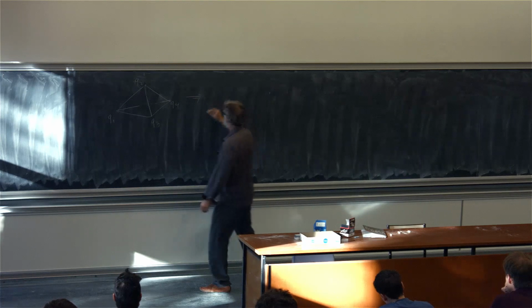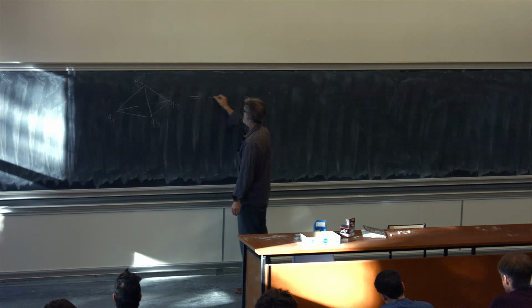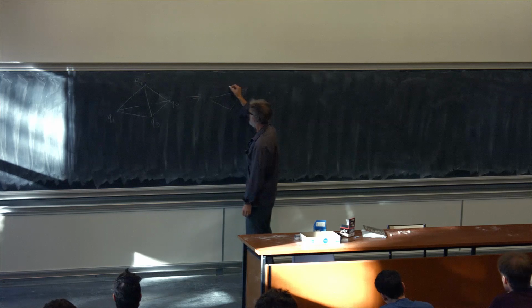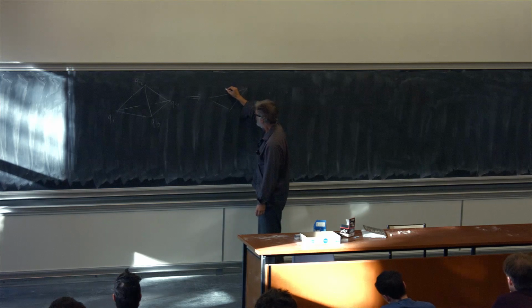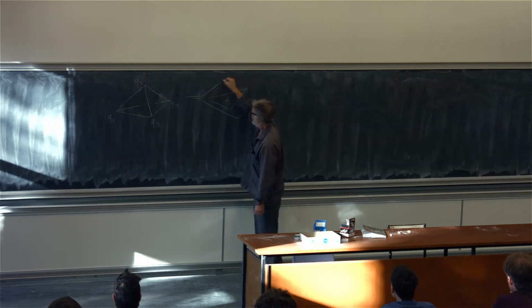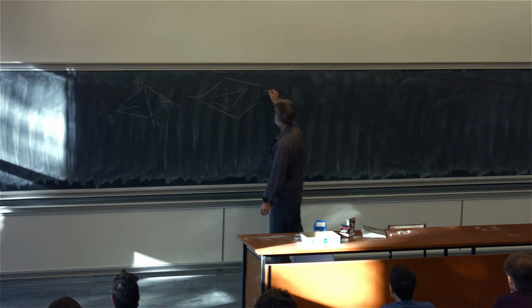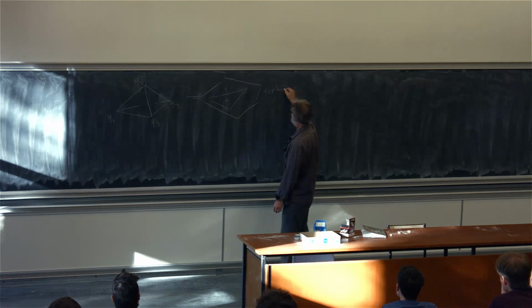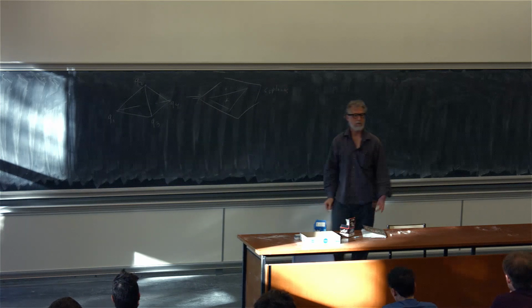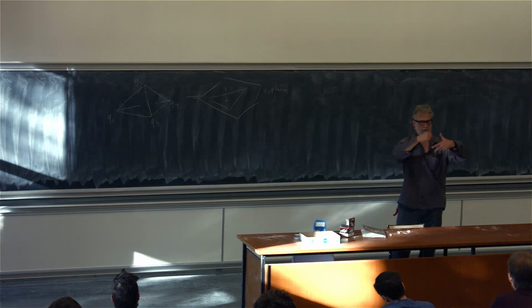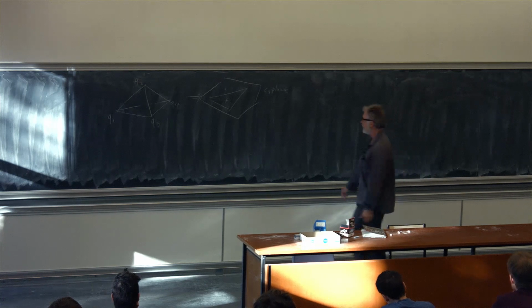And of course, occasionally it's a codimension 1 phenomenon. So one point will go through and the 4 will become coplanar. Occasionally, it could happen. Or the tetrahedron might just spin around and rotate.